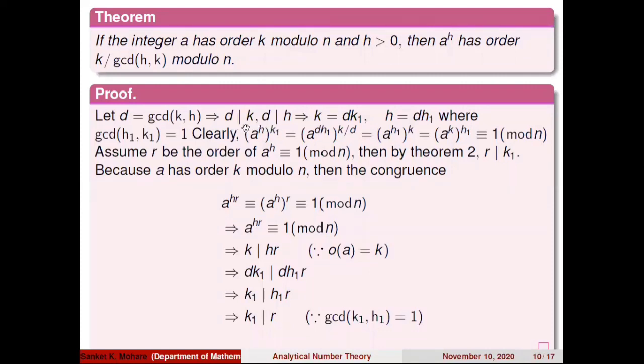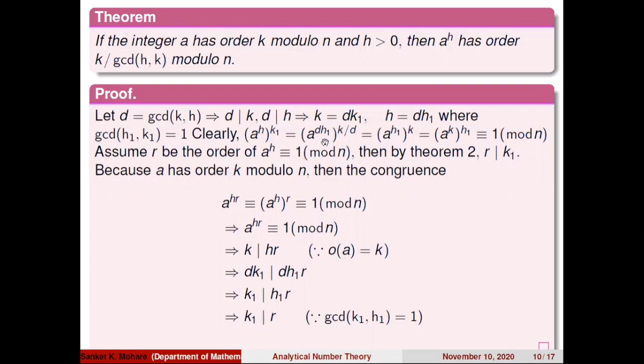So whenever D divides K, this implies K is equal to D times K1, where K1 is an integer. And as D divides H, then H is equal to D H1.